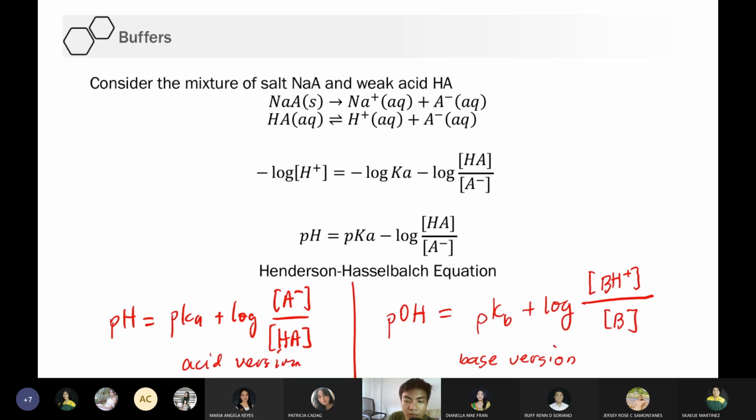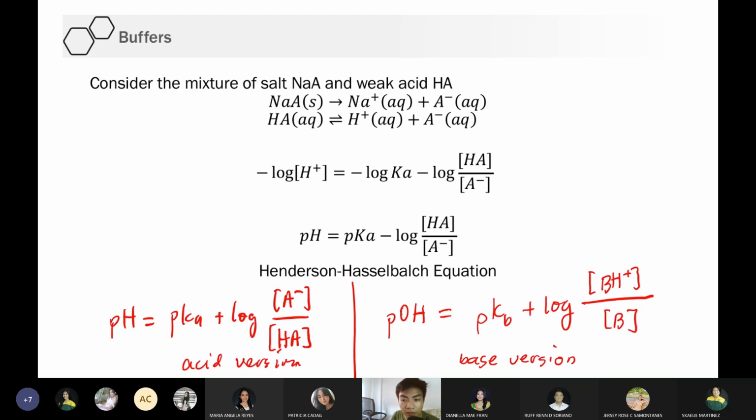Ito yung base version. Ito yung acid version. So depending on your problem, you can use either of the two, no, para ma-determine nyo ano ba dapat yung amounts ng inyong salts para makakuha kayo ng certain pH. Itong Henderson-Hasselbalch equation, this is an equation that we will use thoroughly next chapter. So supposedly next chapter pa talaga to, pero I want you to be introduced sa idea na to para you have more time to practice, no?